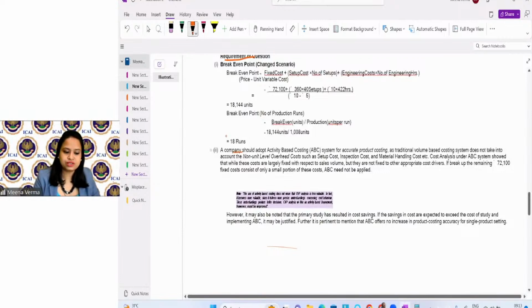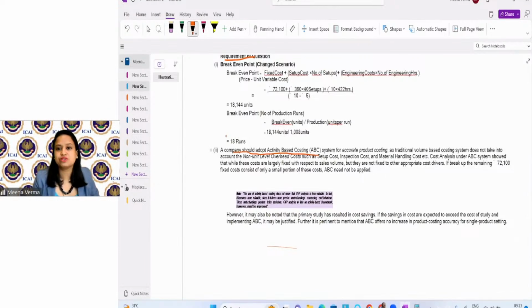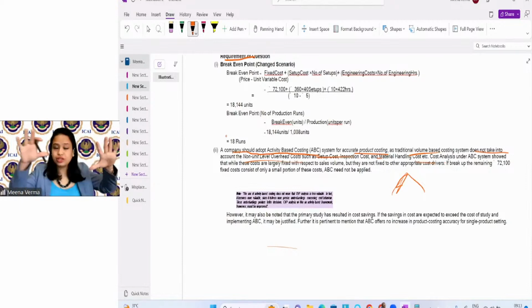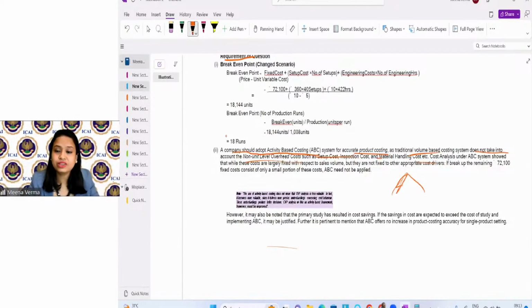Look, what is written? The company should adopt activity-based costing for accurate product costing, as traditional costing does not take into account non-unit level overheads, right? They have not considered them, and for a reason: when you break up the cost, you know what different types of cost you are incurring in the company, and then you can find a way to work on them and reduce them further if possible.